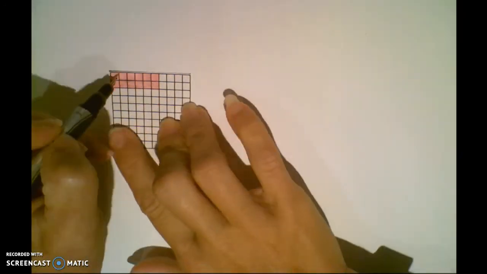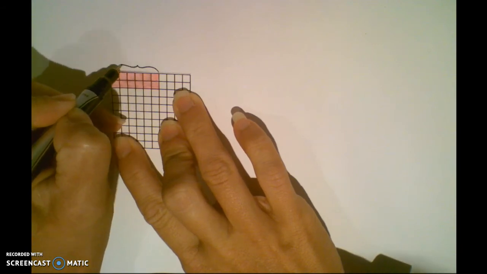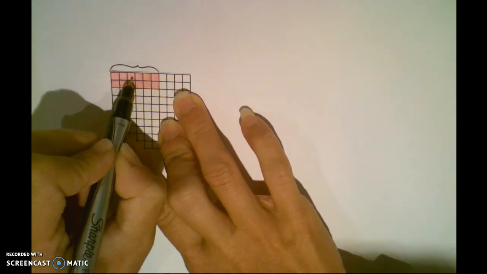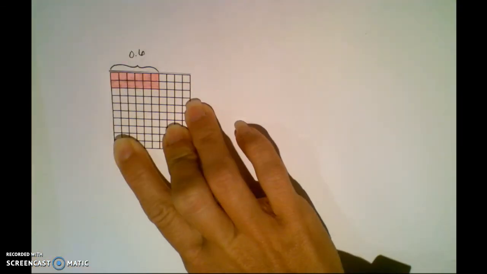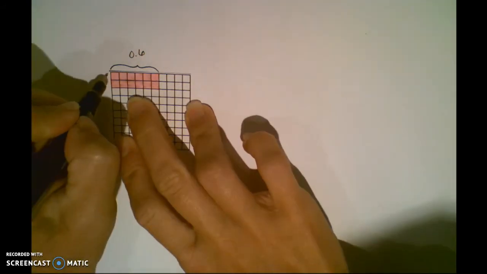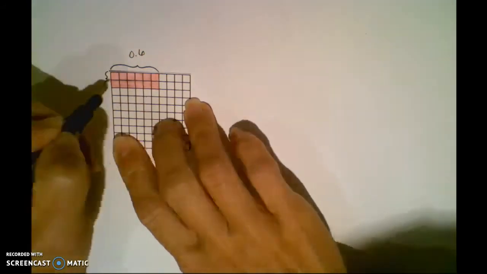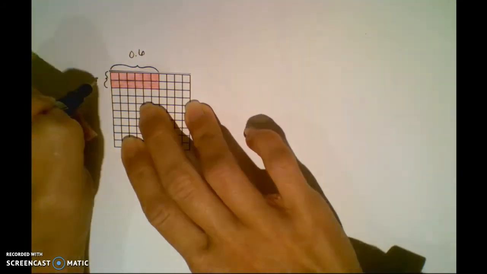Well, how many columns have I shaded across, or pieces across have I shaded? 1, 2, 3, 4, 5, 6, or 6/10 of a row was shaded across. And how much of each column did I shade in across those 6/10? Well, 2.